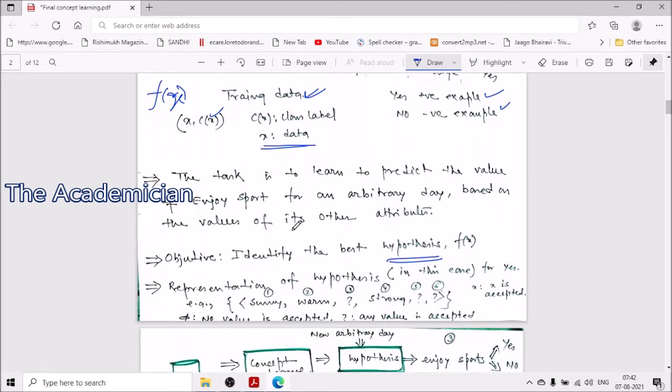Okay, now to represent the hypothesis, we may use this particular form. For a positive example, we may use this one: sunny, warm, question mark, strong, question mark, question mark. Here in this hypothesis, 6 attributes are there: 1, 2, 3, 4, 5, 6.